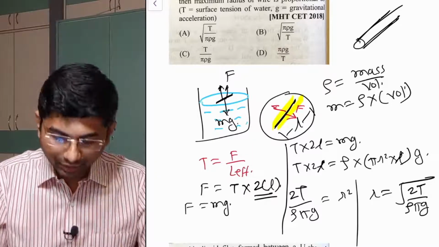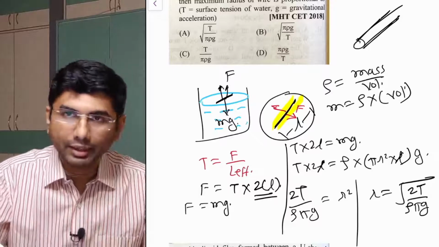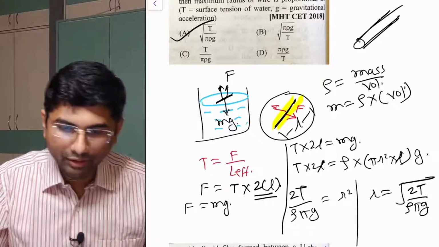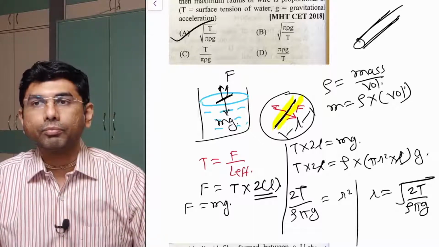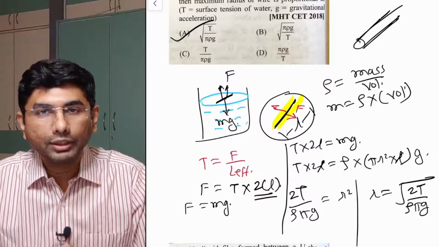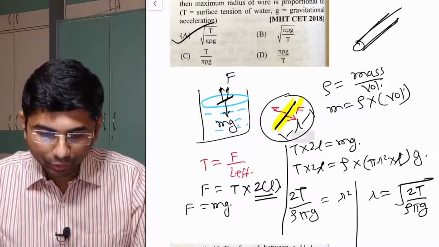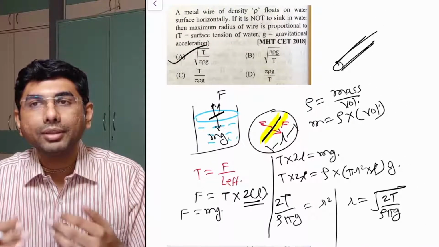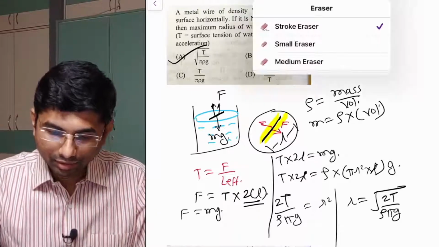Therefore I have to consider this effective length to be L, and then my answer will be option number A. As such, considering twice L is not a wrong consideration, that is also right. But by seeing the question or the options, we sometimes have to change our understandings.